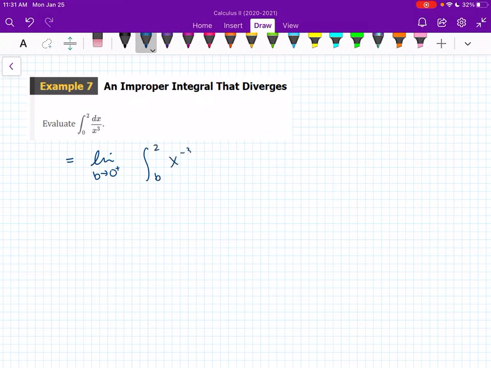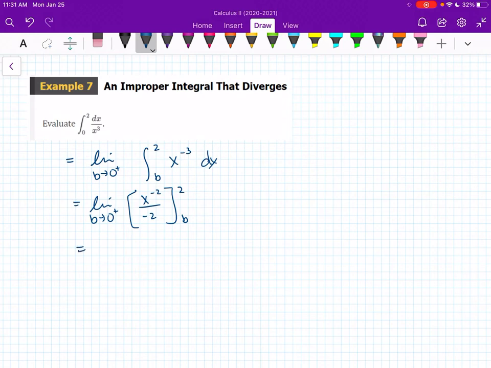Then I'm going to rewrite it as x to the negative 3, just because that's how my mind works when I talk about antiderivatives. Then I take that antiderivative: x to the negative 2 divided by negative 2 evaluated from b to 2.